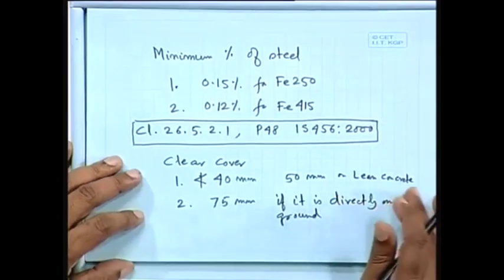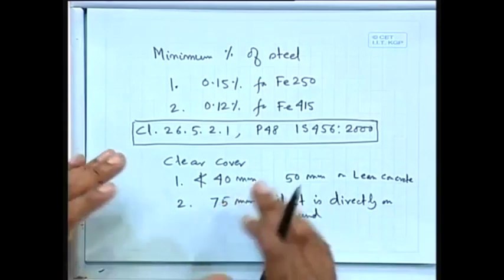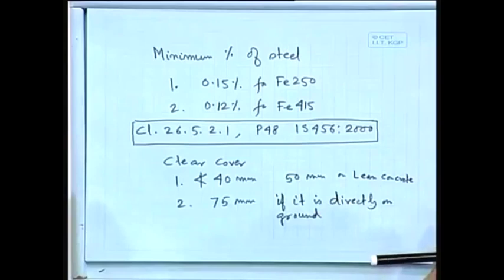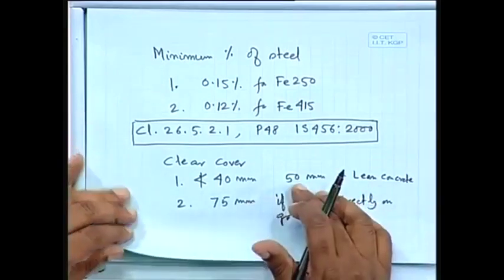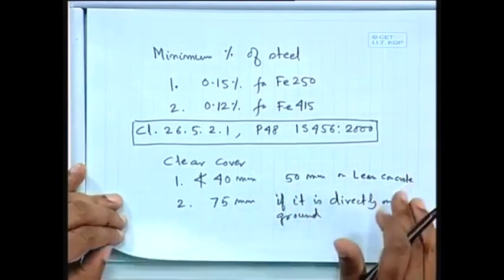Generally we provide sand, then lean concrete, and then the foundation. So 40 or 50 millimeter, let us say we shall provide for clear cover on lean concrete. Otherwise, if it is directly on the soil, on the ground, then we have to take 75 millimeter. Okay.